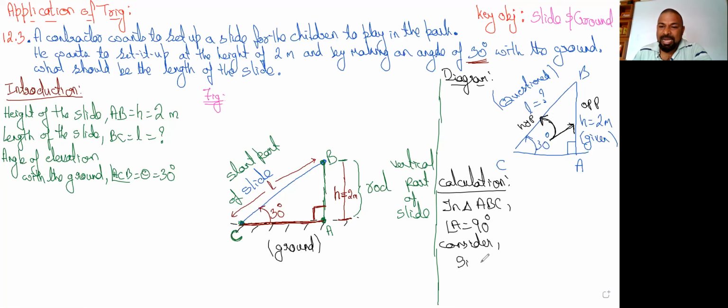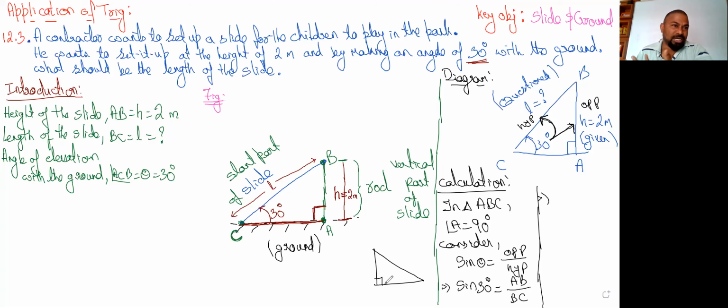Consider sine theta. Sine theta is nothing but opposite by hypotenuse. If you plug in the values, sine theta, theta he is talking about 30 degrees. Which side is opposite to 30 degrees? It's nothing but AB. And hypotenuse is nothing but BC, right? Let us plug in the values. Now, sine 30 degrees. Let's find sine 30 degrees.